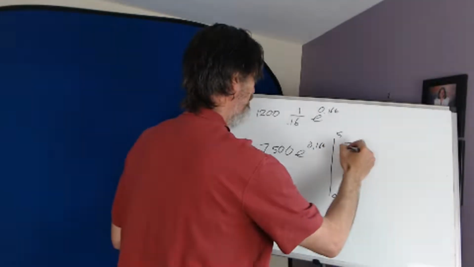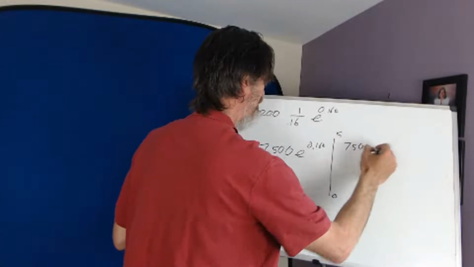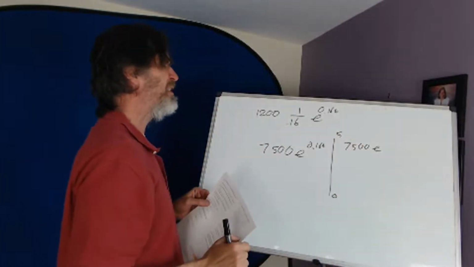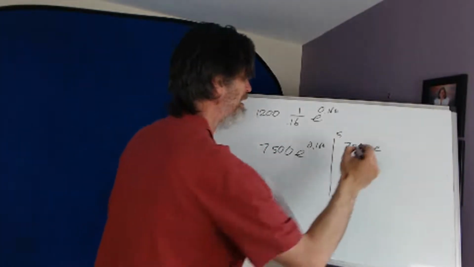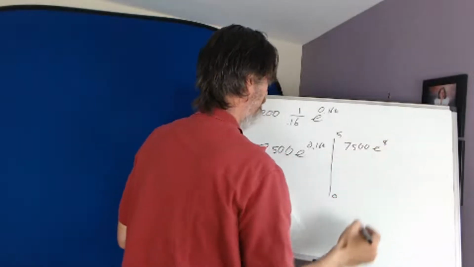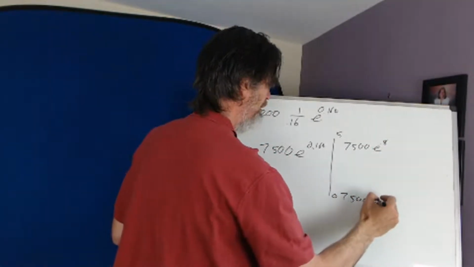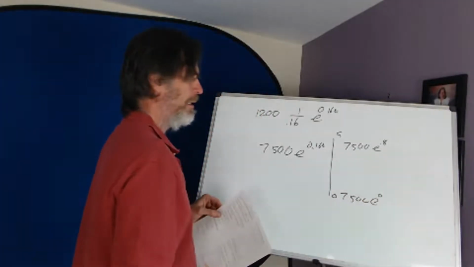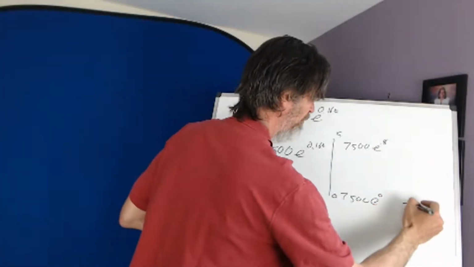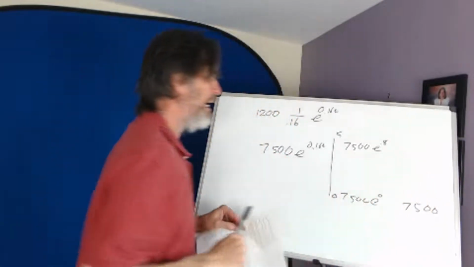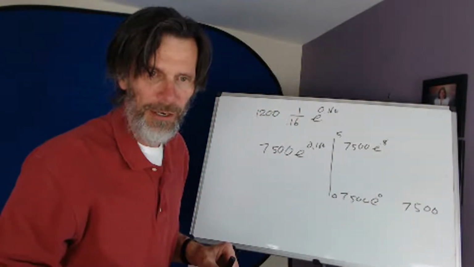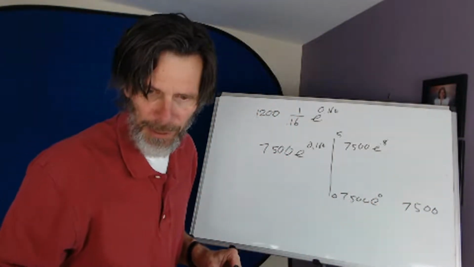So let's see, we'd have 7,500 e to the 5 times 0.16 would be 0.8. And here we have 7,500 e to the 0. So this one down here is 7,500. The top one's got to be quite a bit bigger. I think I can do that in the toolbar here.